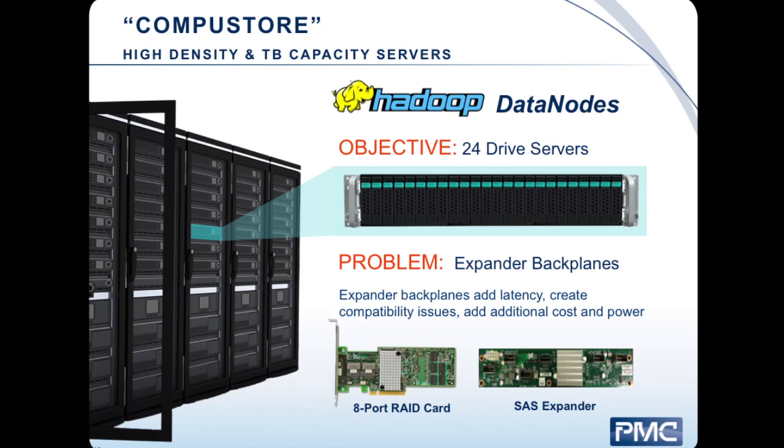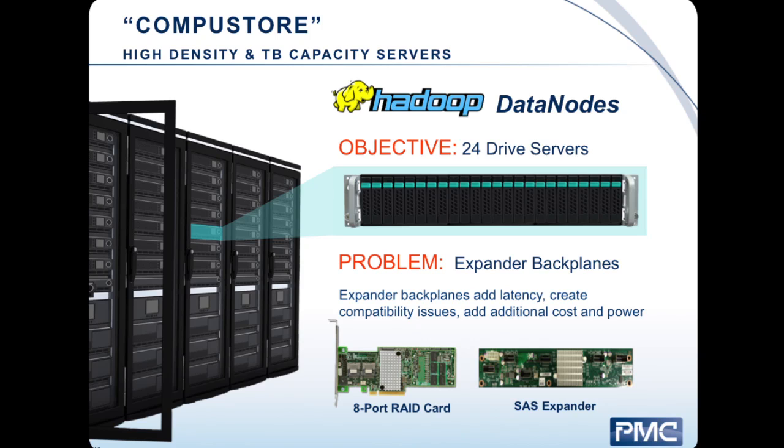And the first one is this CompuStore-based environment, and here is actually a Hadoop data node example. And here what we want is a very rich balance between compute power and storage capacity. So we see a strong demand using, say, standard 2U servers with 24 drive configurations.